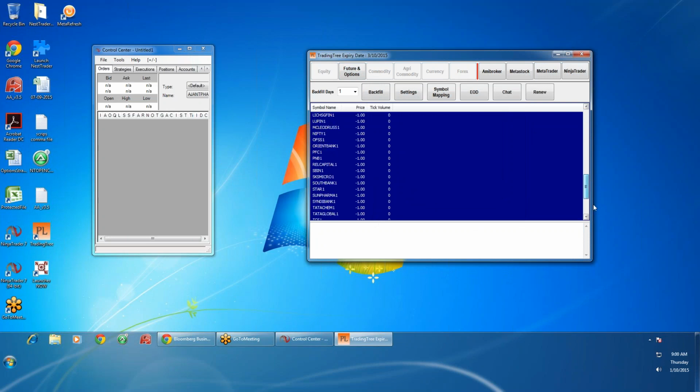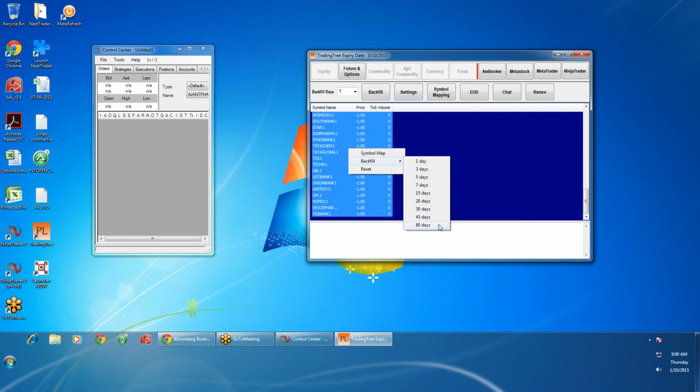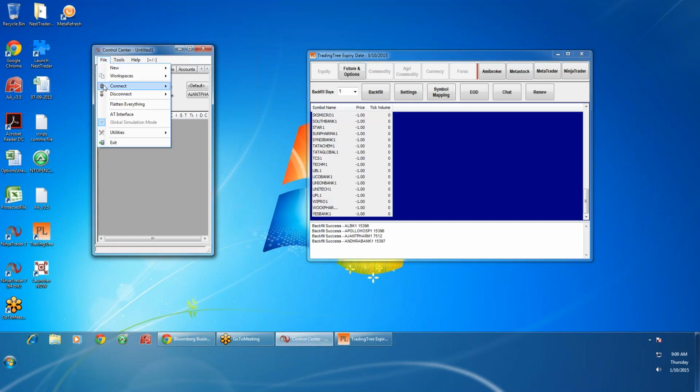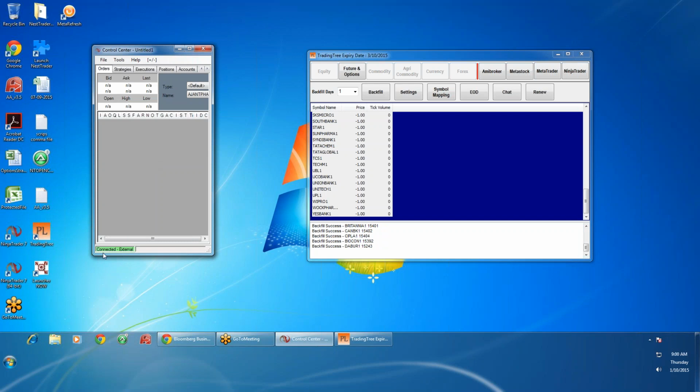These are the scripts that I have added in this system. I'm taking a backfill for 60 days. Meanwhile, I'll connect this data source to my NinjaTrader. I just connect and click on external data feed. You'll be able to hear that noise.